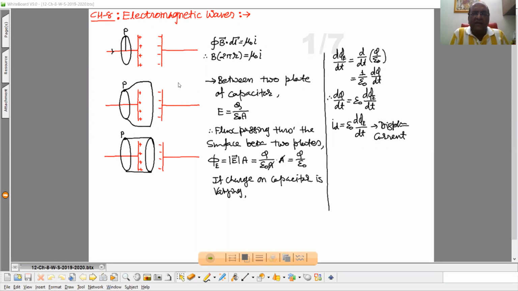Because if at point P magnetic field is there, then if we consider any surface, and by considering any type of surface, if we take the loop enclosing that surface and if we apply the Ampere-Circuital law to that, then there should be the same field.